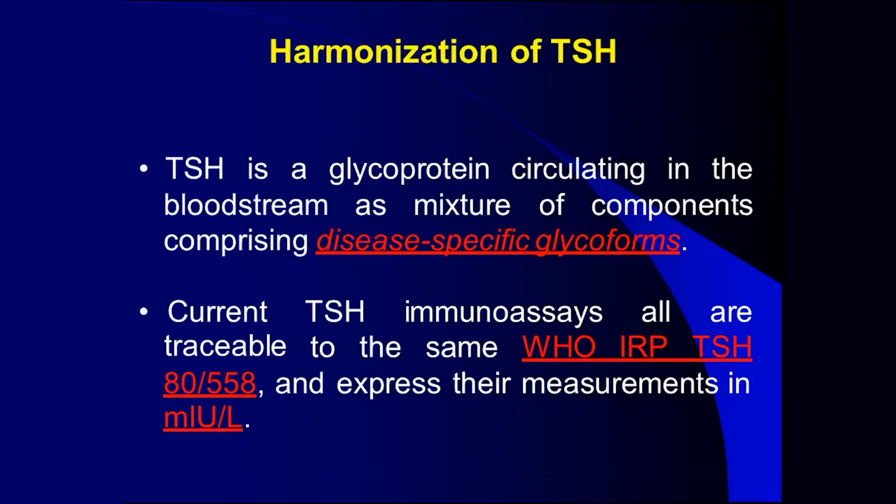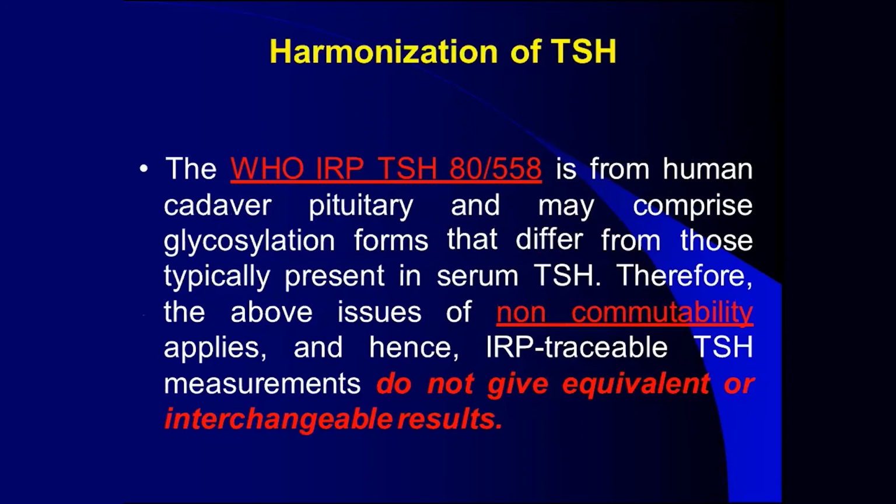The bigger problem is coming with TSH, because the WHO international reference material, which is actually coming from pituitary cadaver, is actually a multimeric assay using multiple glycated forms. And this is not commutable to the values that are seen in serum. So when your reference material is non-commutable, to understand non-commutable, we need to first understand the definition of commutable.